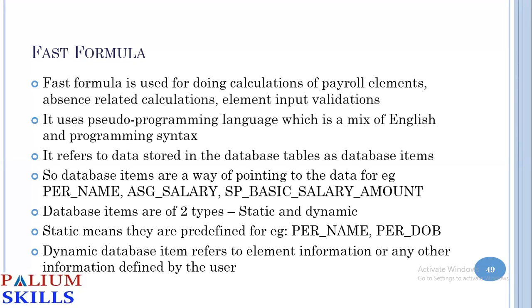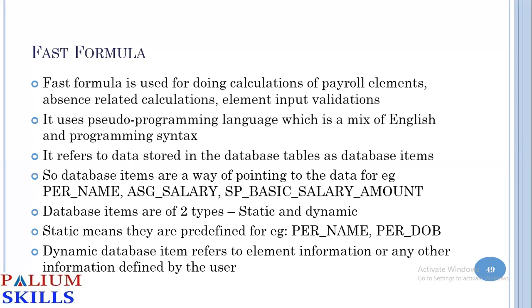So the name will be generated. Can you explain again? Yeah, dynamic means the name of the database item will be generated after you create the item in the database. For example, when you create the element, after that the name of the database item will be generated, because before that the system does not know what the name of the element is going to be.